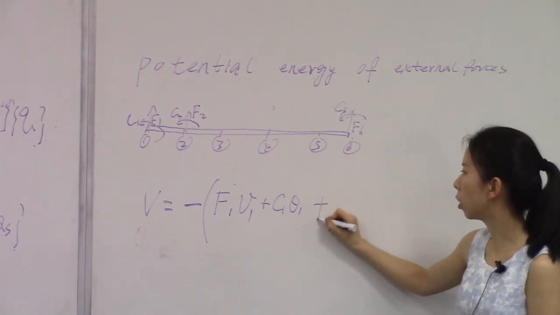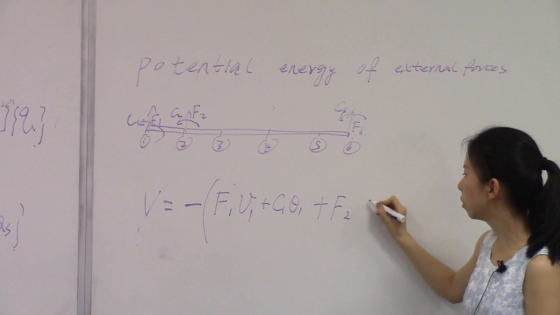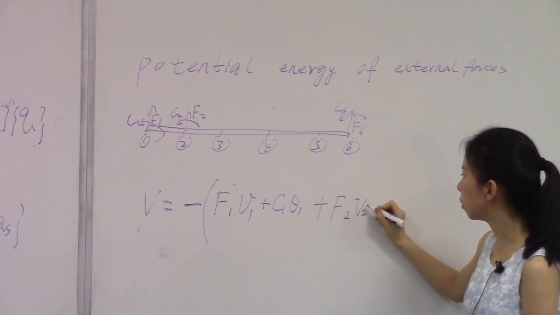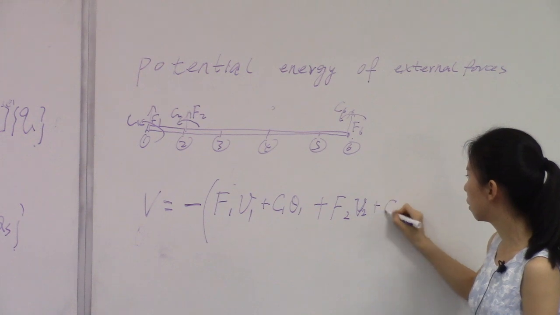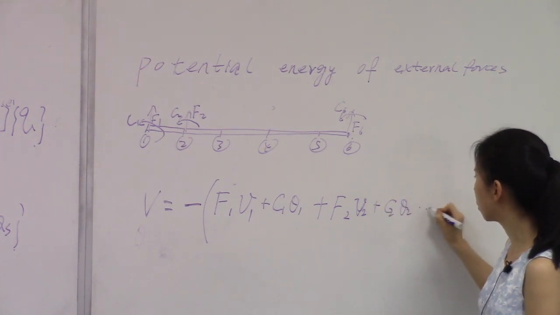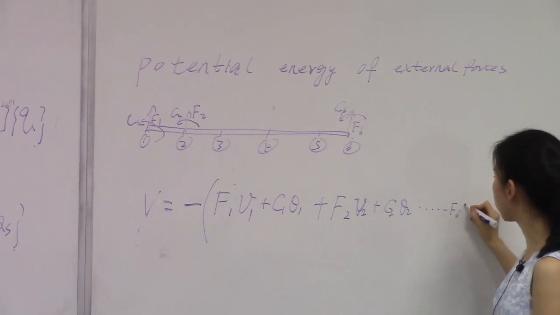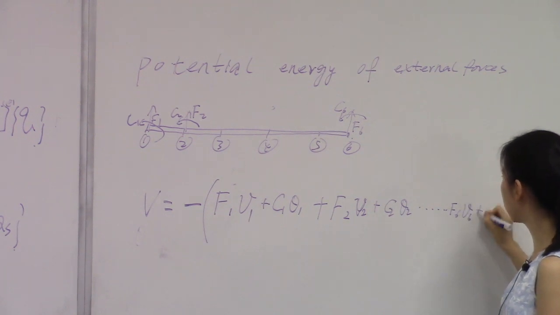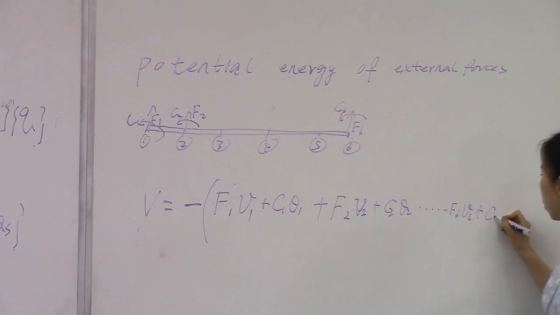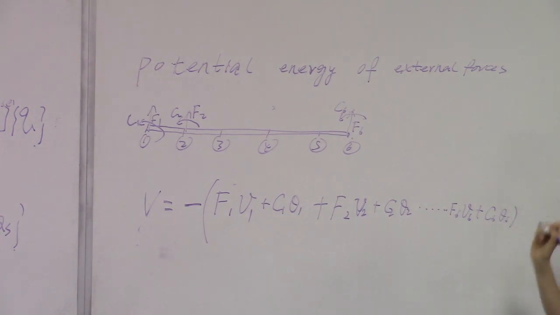I'm saying for node 2, F2, V2, this is deflection. C2, theta 2. And same for F6, V6, the couple at node 6, and rotation at node 6. Is this correct?